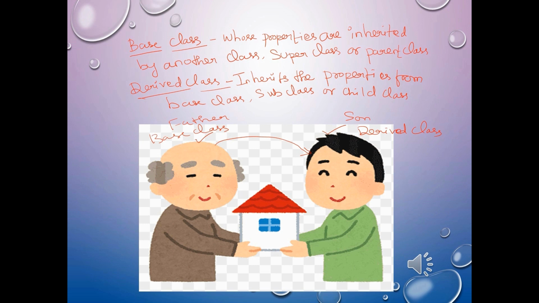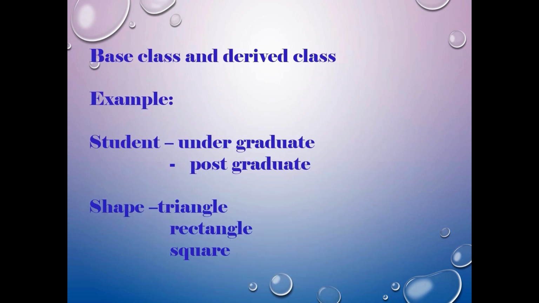Let's see one example. Here is the example for base class and derived class. We have students: undergraduate students and postgraduate students.